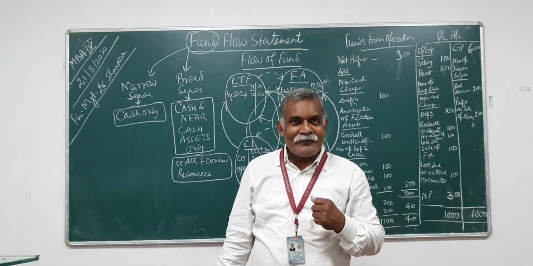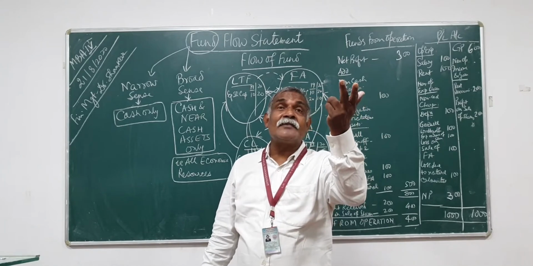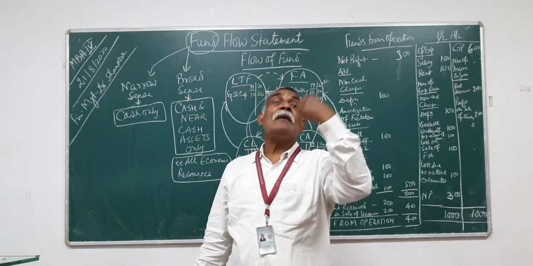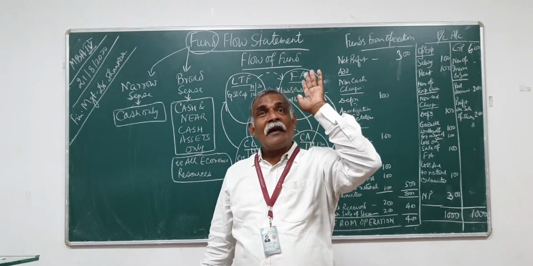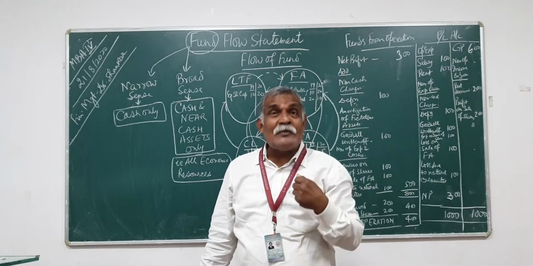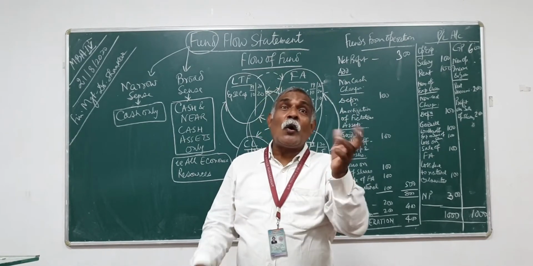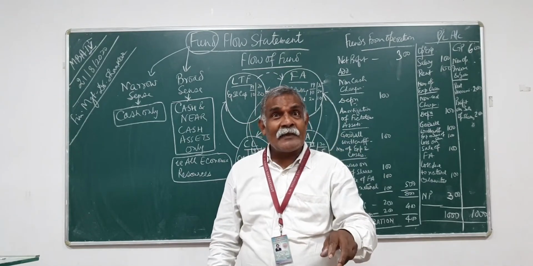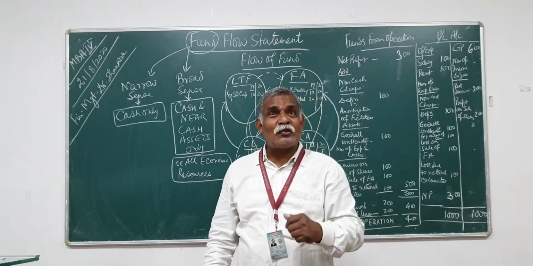Is that clear? The same way, if we purchase some raw materials on credit basis, it means the payment is postponed. We are not paying right now. We will pay after a certain period of time, because I am enjoying the credit facilities. So all these factors, debtors, receivables, creditors, payables, not only this, fixed assets also.